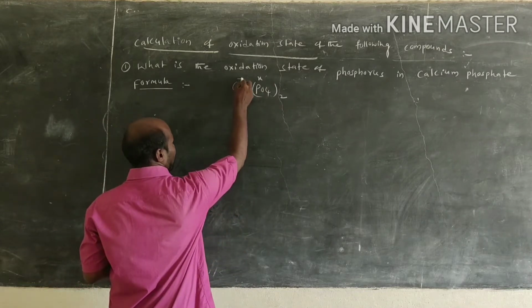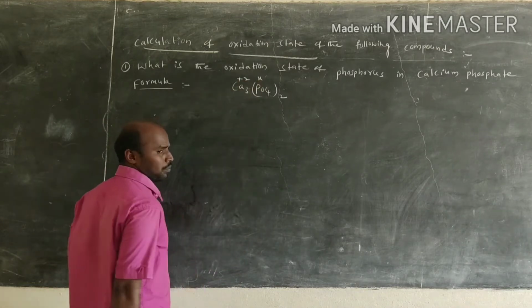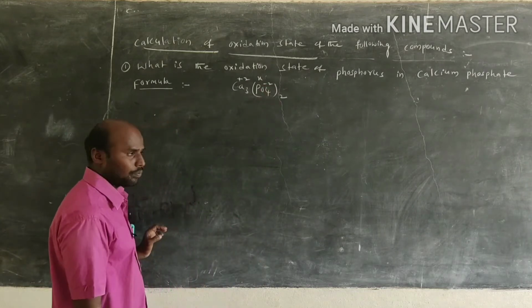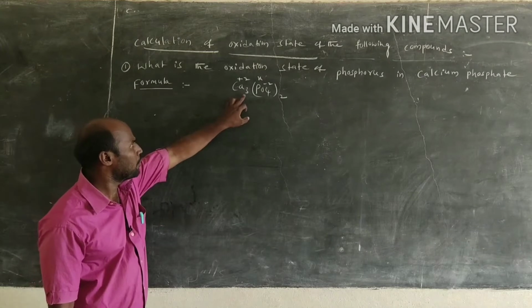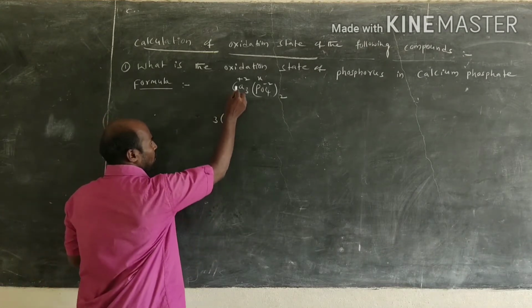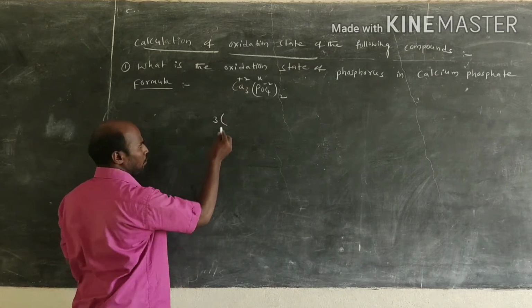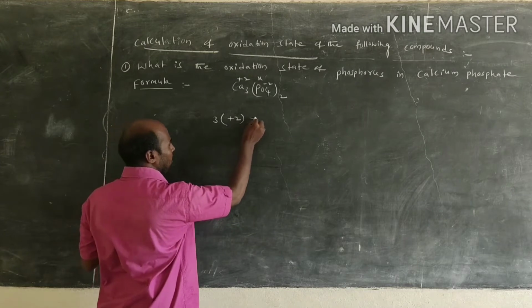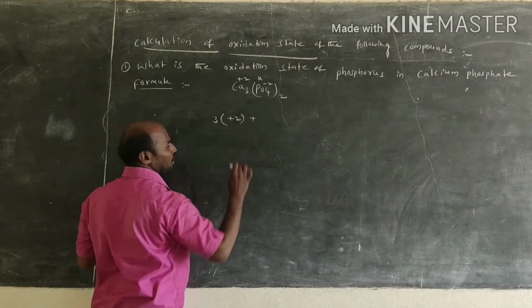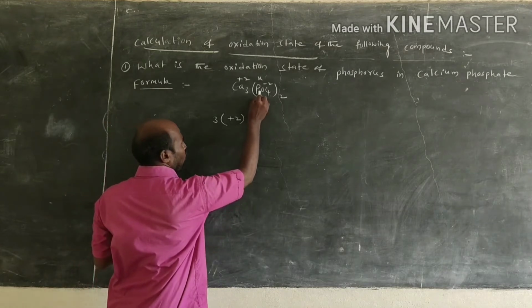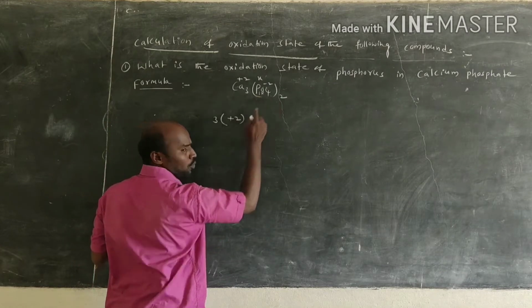The charge of calcium is +2. The charge of oxygen is -2. How many calcium atoms are there? 3. What is the charge of calcium? +2.